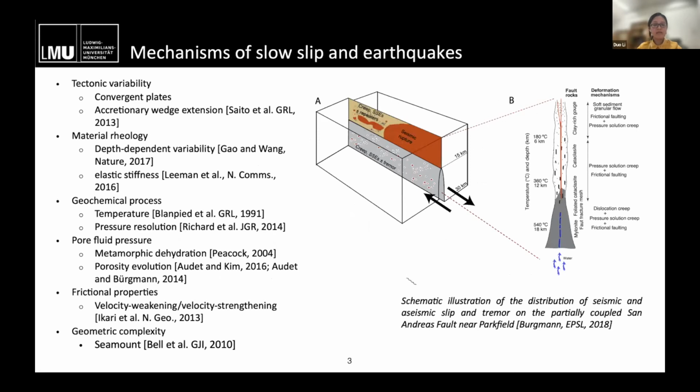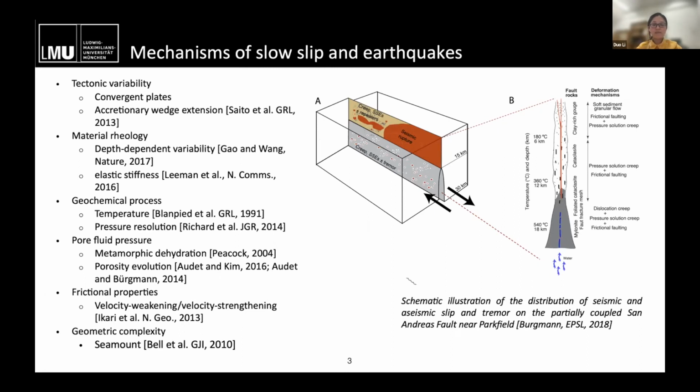Slow slip events have been observed in a wide range of tectonic environments and phases of the earthquake cycle. There are many proposed models to explain the mechanics of slow slip and earthquakes.